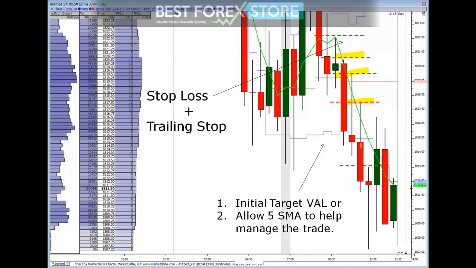In this case, notice we came all the way back up to here, but we never came to the high of that bar there. This is the high of this bar, and this is when this gets taken out. If you had moved your stop down here, then this is when you would have been taken out. Now, conceivably, you may have been smarter and decided to get out down here somewhere.